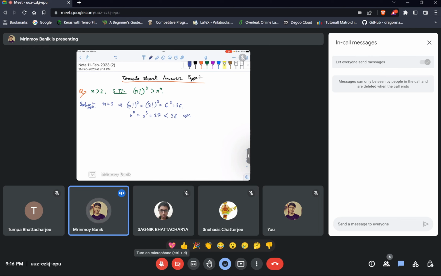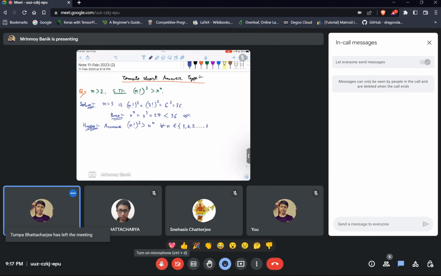So let's try to apply induction. The base case is this, and it's already done. Now the induction hypothesis: assume (n factorial) squared is greater than n power n for all n in 3, 4, 5 up till k.